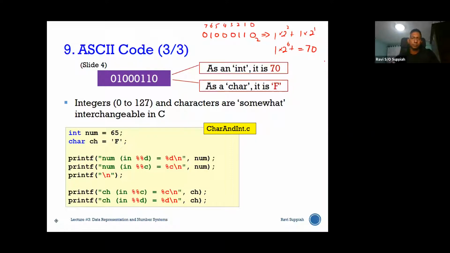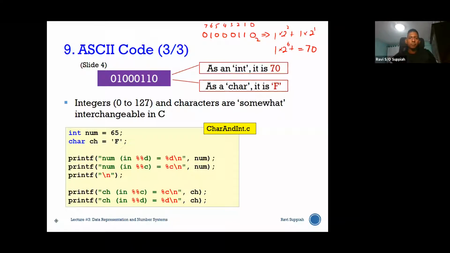All right, so you can see that this bit pattern here, 0100 0110, is a binary bit stream, so it's base 2. And if I look at it and say that this is representing an integer, then it holds the value of 70.